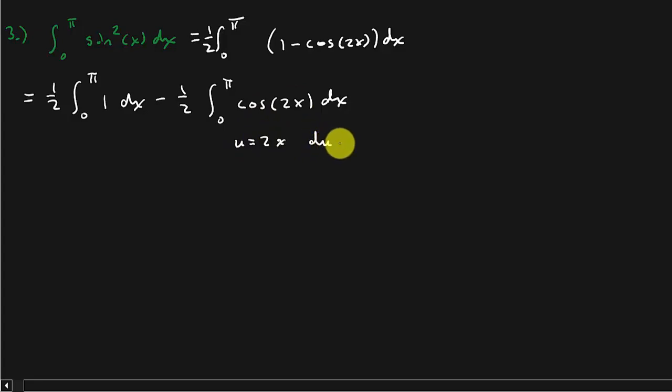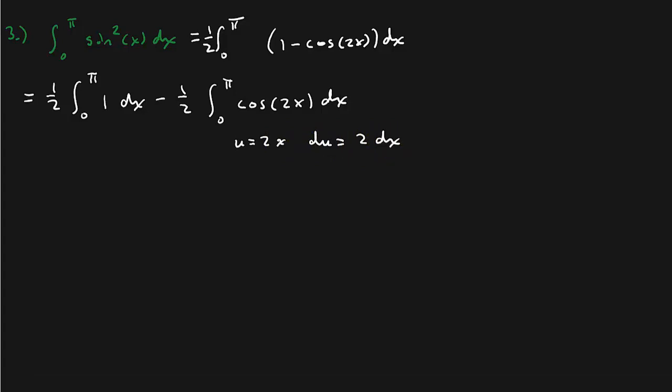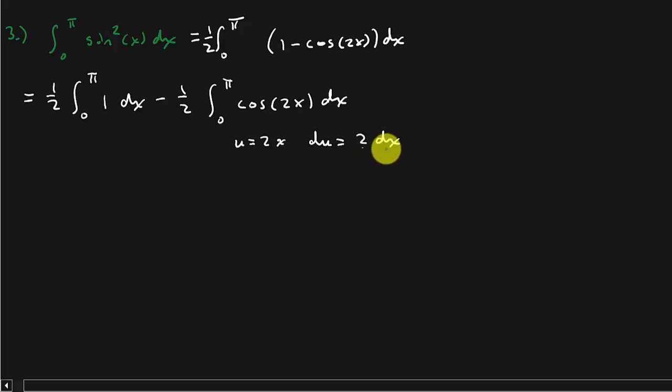So du is 2 dx. All right. So you can see here we've got 2 dx, but we don't have a 2 dx in here. So we need to multiply by 2. So that means I need to come out and multiply by the reciprocal of that.